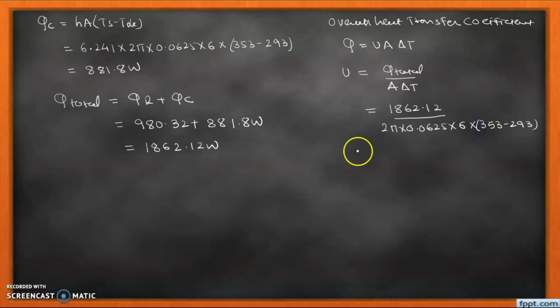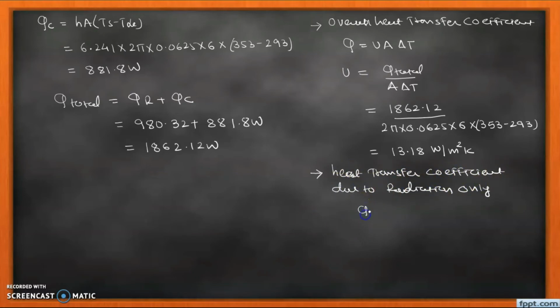So we get the value of U, that is the overall heat transfer coefficient, which is 13.80 watt per meter square Kelvin. Now students, after calculating the overall heat transfer coefficient, we are going to calculate the heat transfer coefficient due to radiation only.